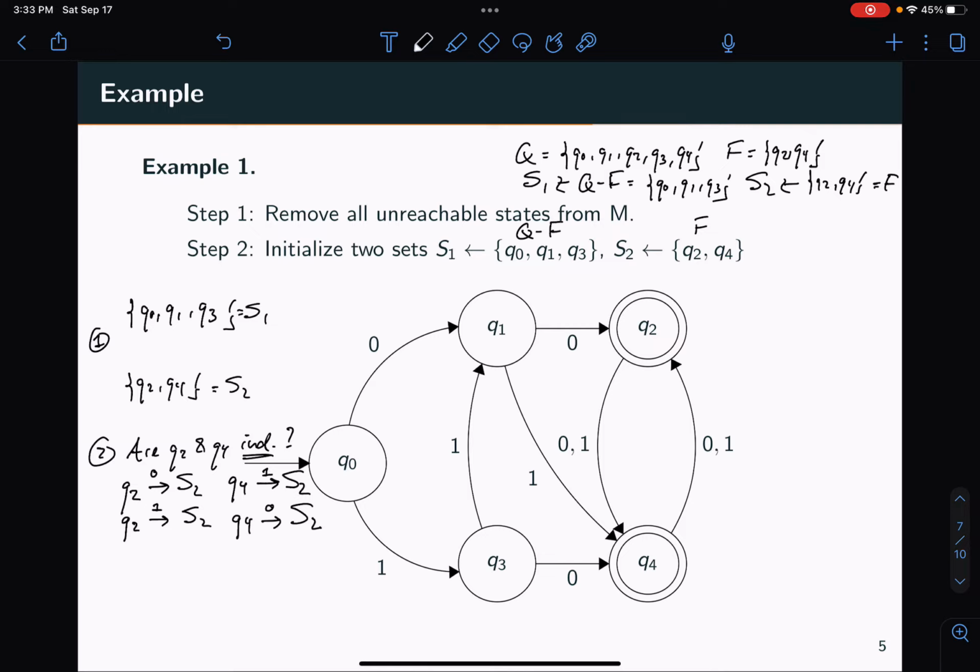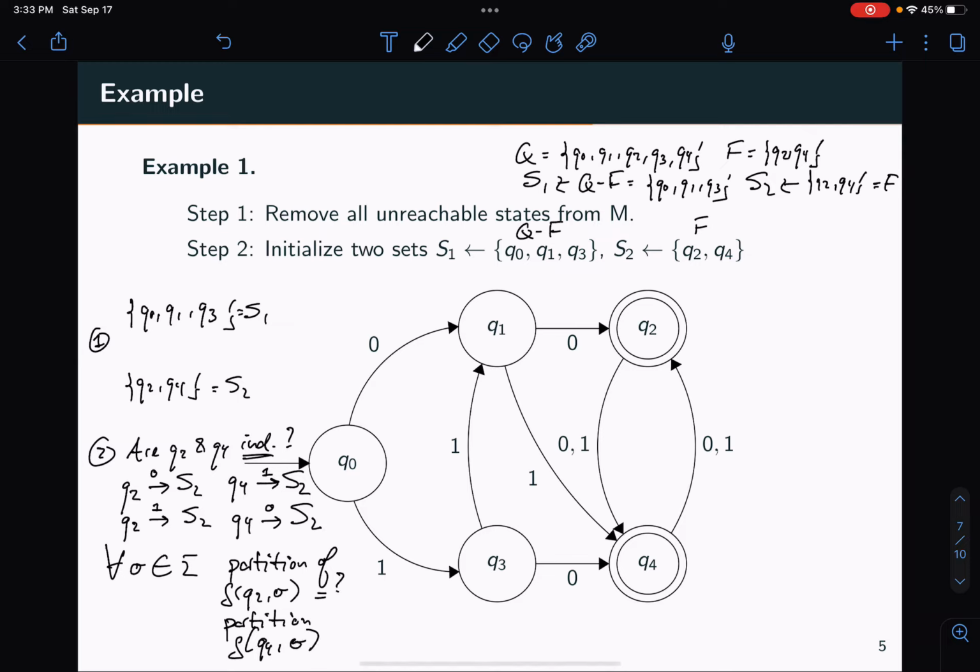So then I need to check, for each symbol, is the partition of this guy equal to the partition of this guy?